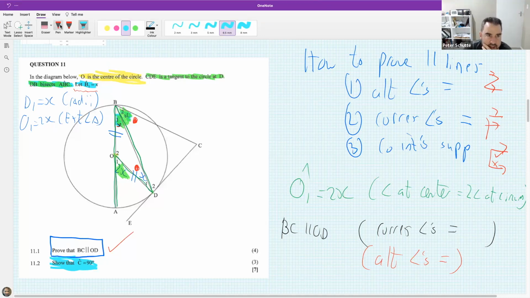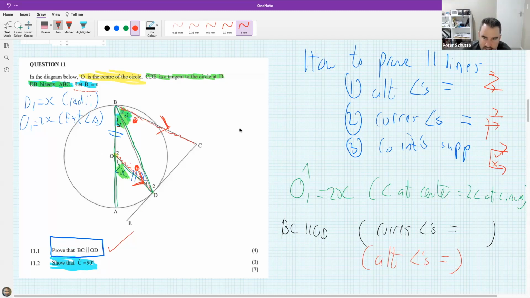Now remember, you have just proved something. So let me put that on, you have just proved that that line is parallel to that one. Let me not forget that, because once you've proved it, you've proved it. Now you can use it.